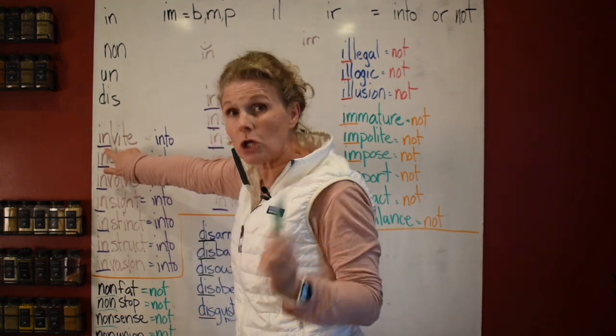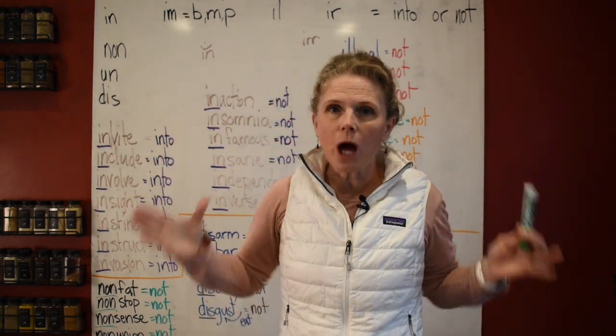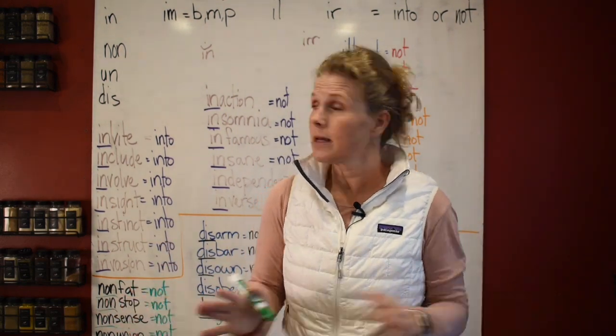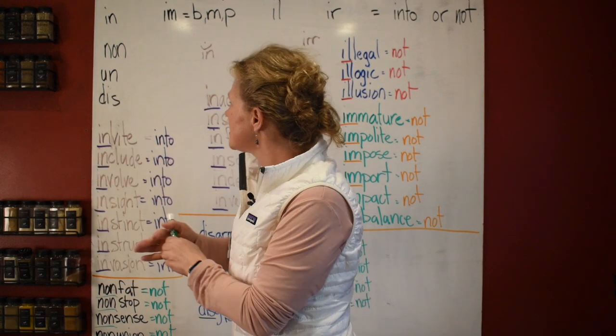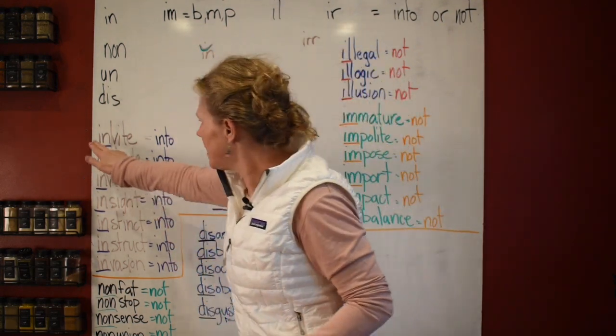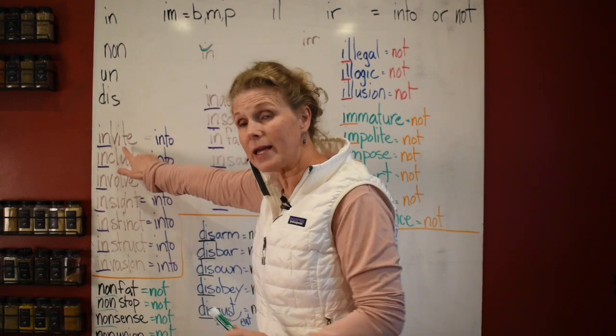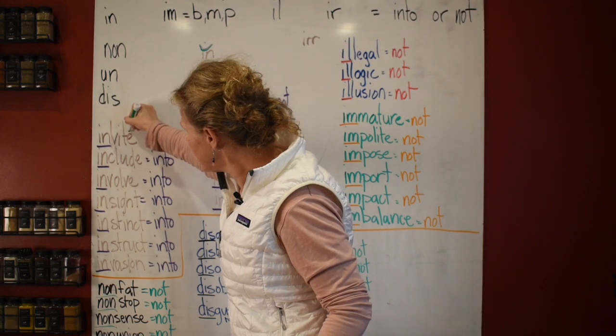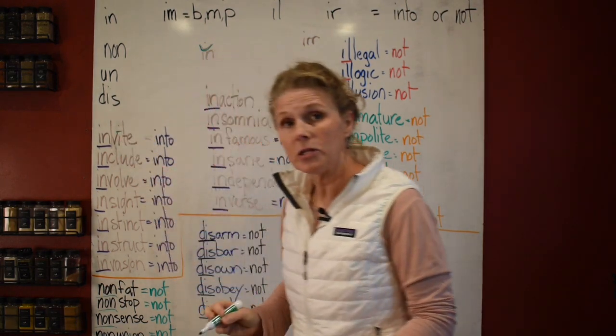This right here is a closed syllable, and we talked about lots and lots of closed syllables at the very beginning of all of the lessons, and this causes this to say in. Invite. This right here is a silent E syllable. So this E forces that I to be long.